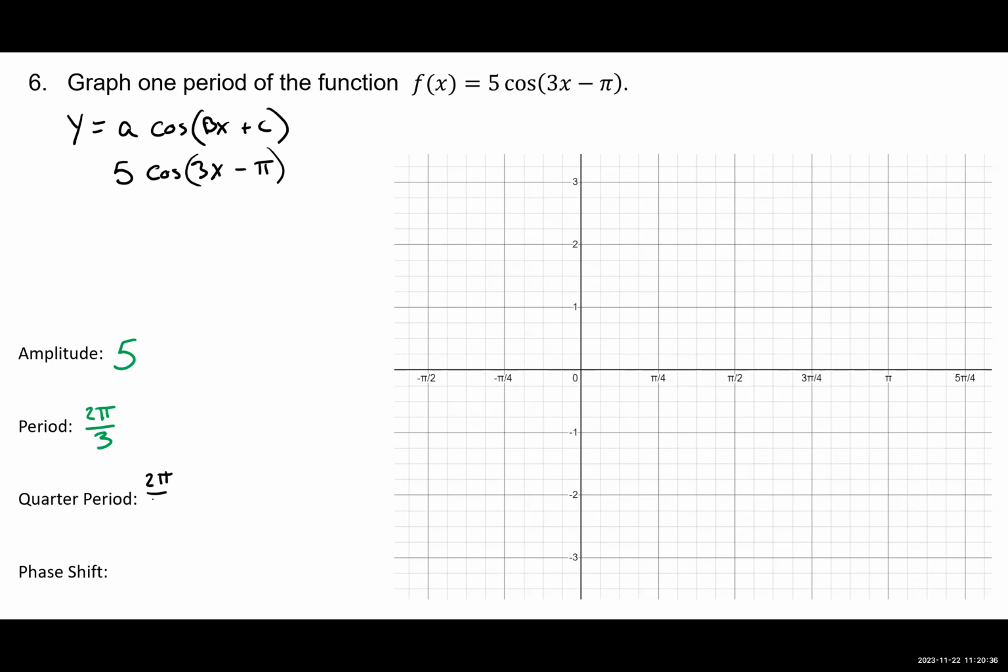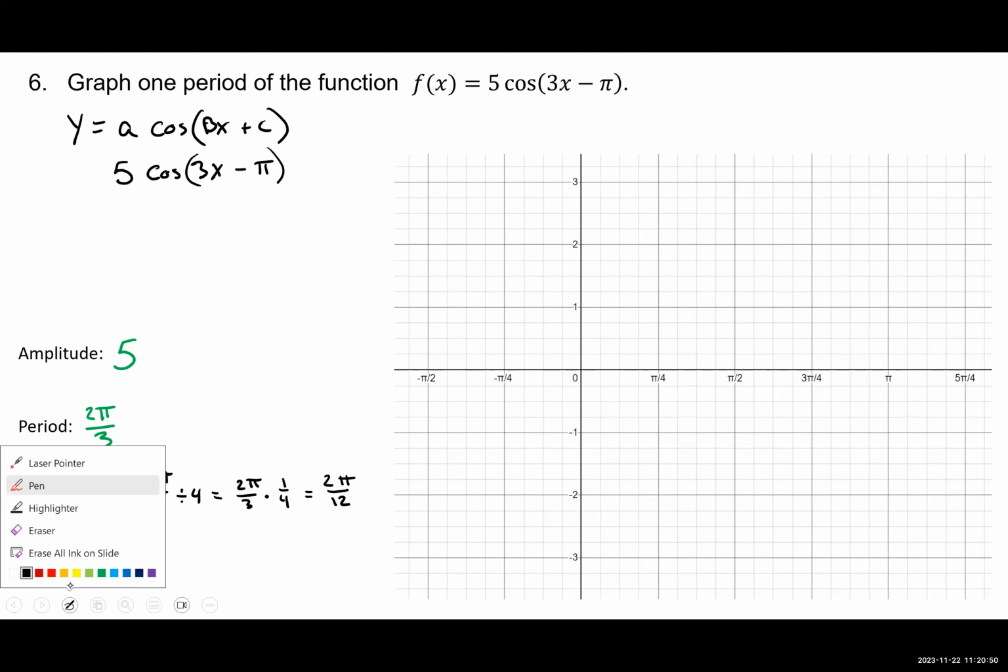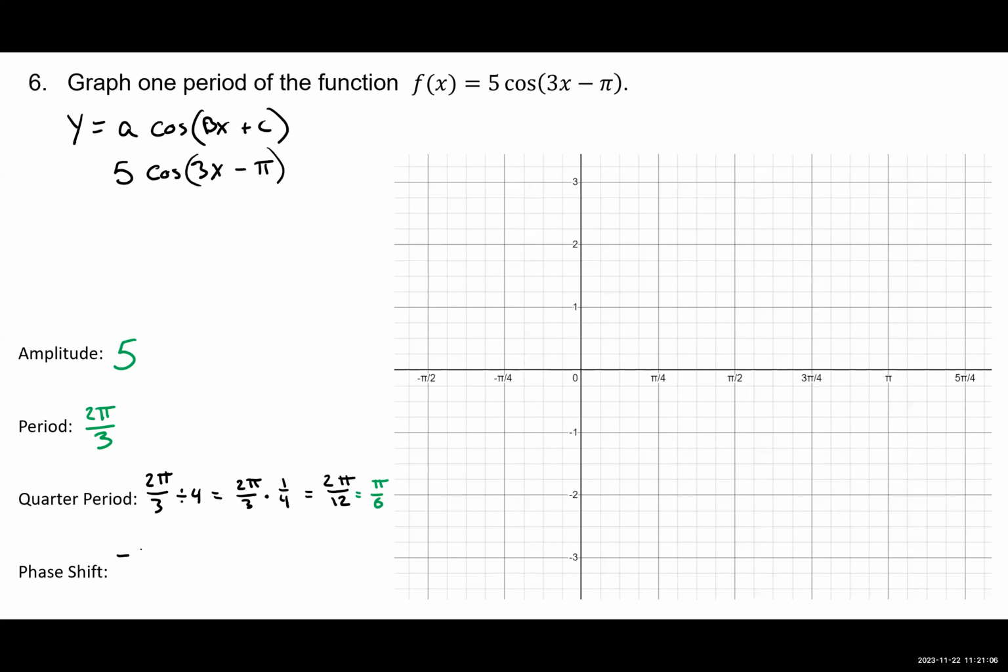2 pi over 3 divided by 4 is 2 pi over 3 times 1 over 4, which is 2 pi over 12. And we can reduce that to pi over 6. And then our phase shift. Our phase shift is negative c over b.